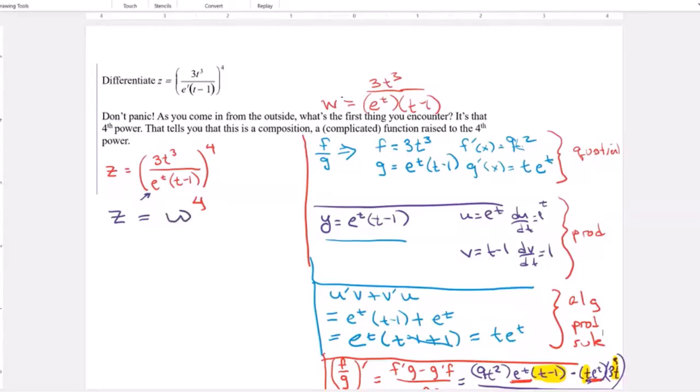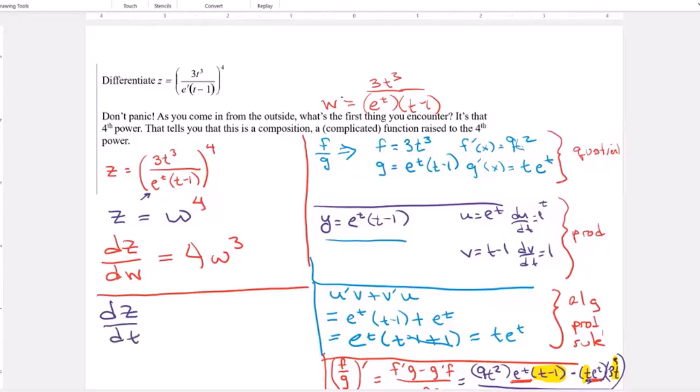And I know how to take the derivative of that, right? dz dw is equal to 4w to the third power. I got lots of chains happening here, so I want to find dz dt, because this is my z as a function of t.